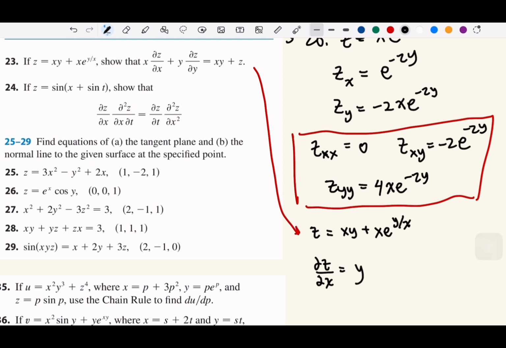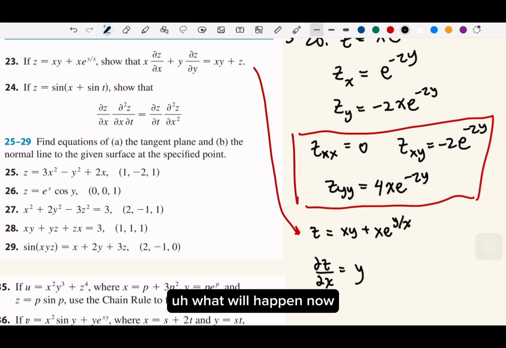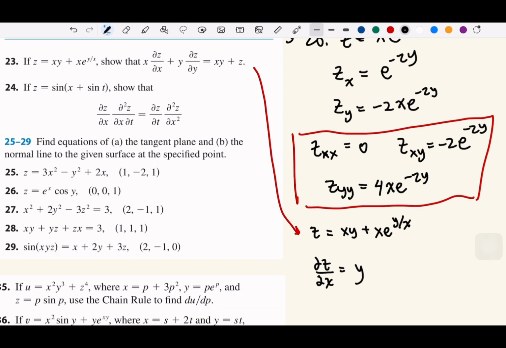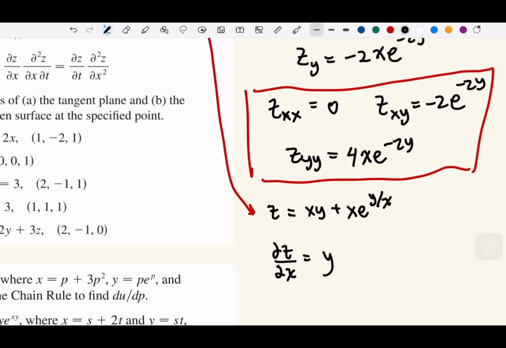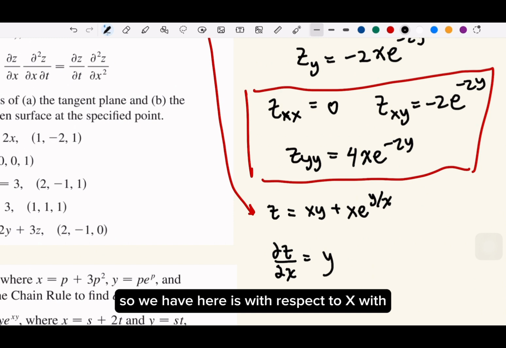And then, what will happen now? We have x in the exponent, so we need to take the product rule, right?